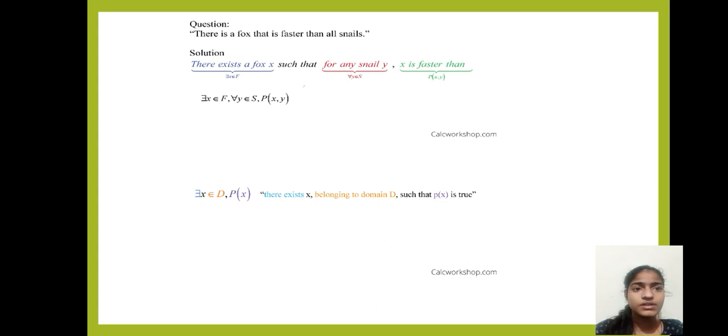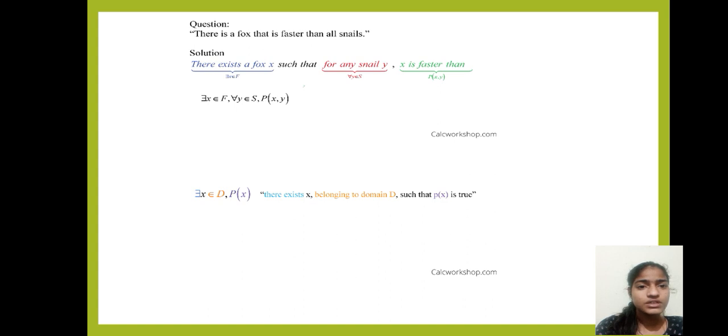Converting it into a statement: there exists x belongs to f, which is fox, and for any y belongs to s, for every snail, P of x comma y.